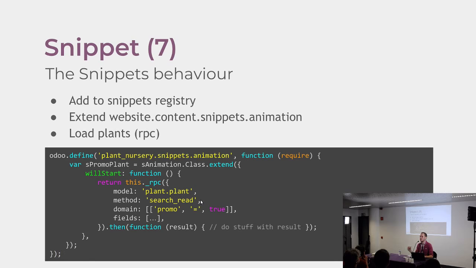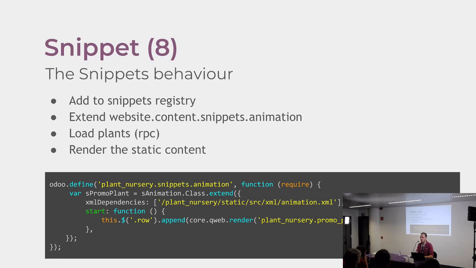Search read is basically the basic method to fetch data on the records. You can set a domain. For example, here I set promo equal true, so I'll only fetch records that are in promotion. And then it will return with a deferred the results of the call. So now, inside the instance of the snippet, we will have the plans, all the data of the plans we want to display.